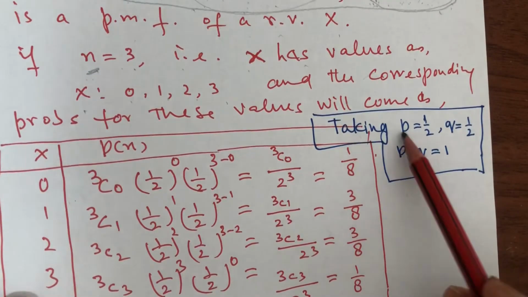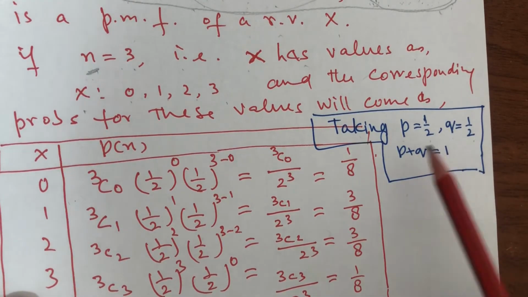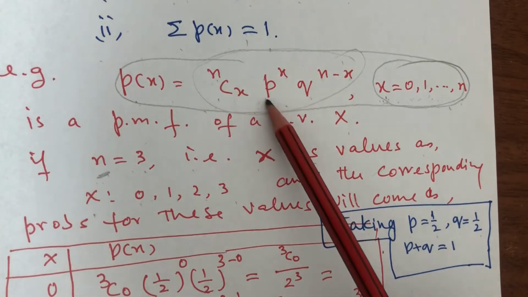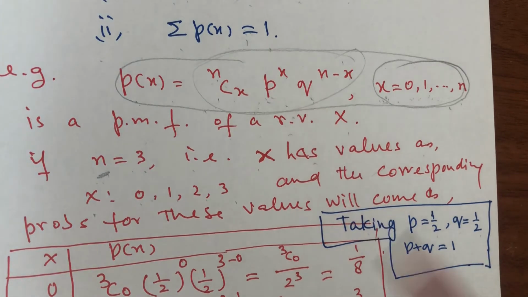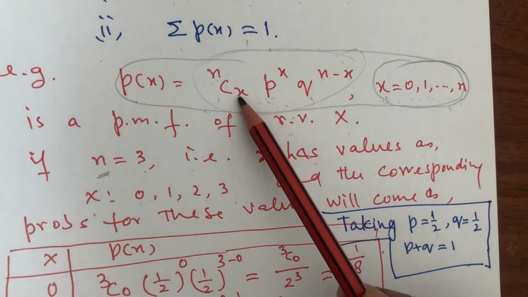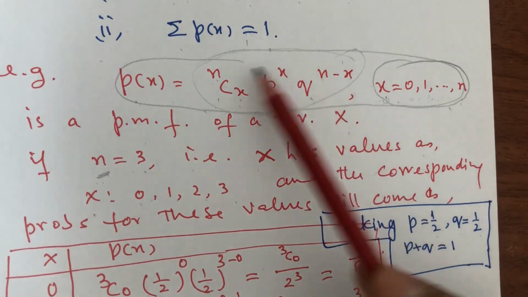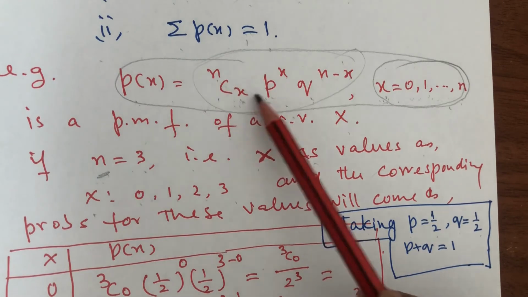Taking the value of p as 1/2 and q as 1/2, whenever we deal with any function like this, n, p, q are called the constants of the function, and these constants will always have some numeric values, and x is a random variable. So other than x, everything is a constant.